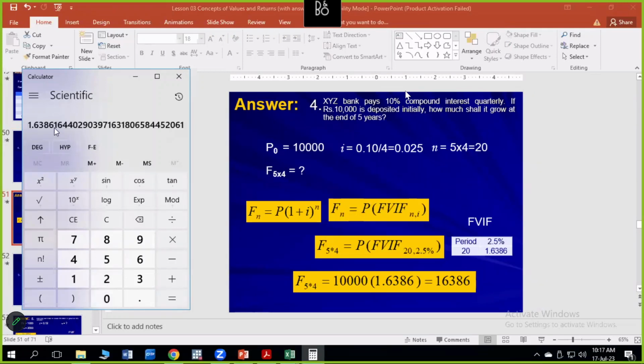So you can obtain the result, but approximation should be done. 1.6386. You can get the answer by multiplying, 16,386 rupees.